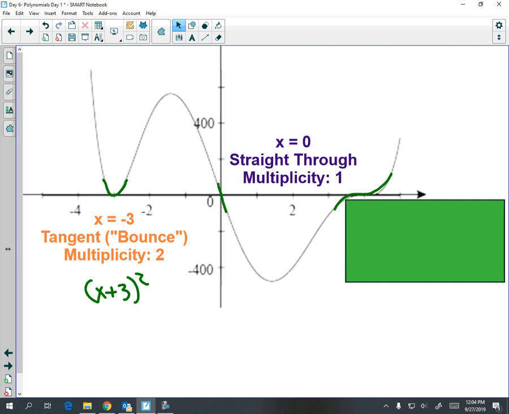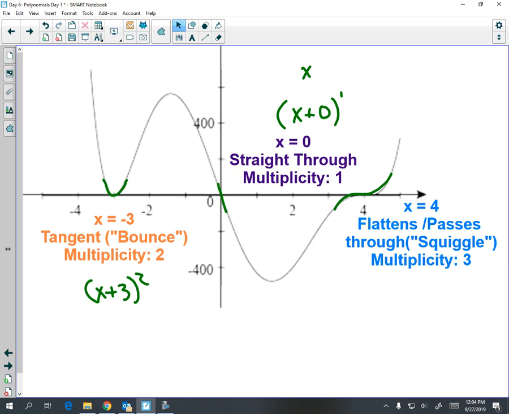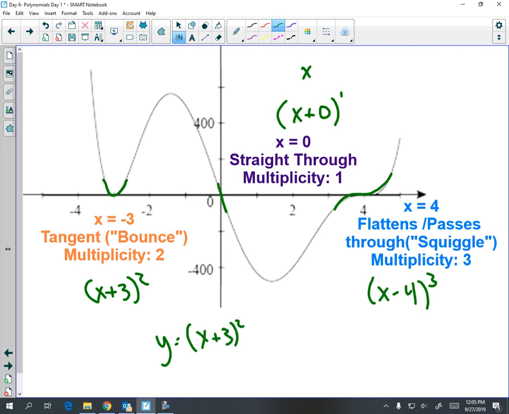The straight through is a multiplicity of 1: x plus 0 to the first, or just x. And the last one is a squiggle at 4, so you're going to have x minus 4 to the third. A possible equation for this graph is y equals, put them all together, x plus 3 squared times x minus 4 cubed.